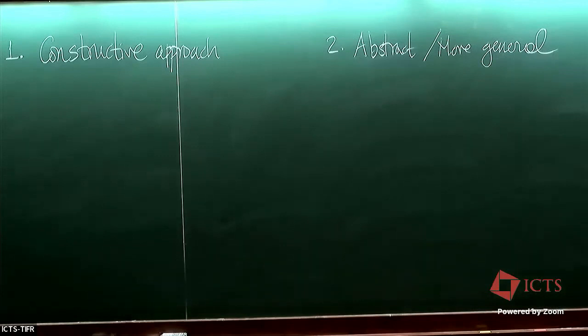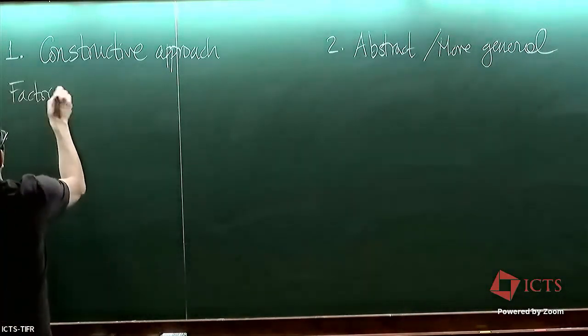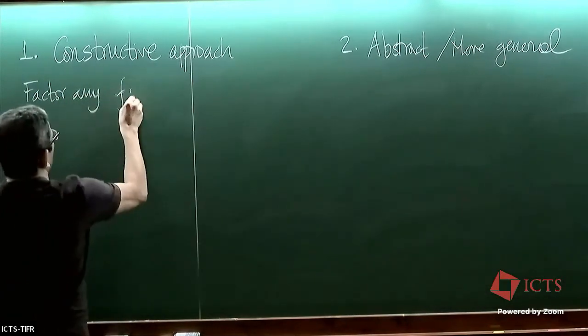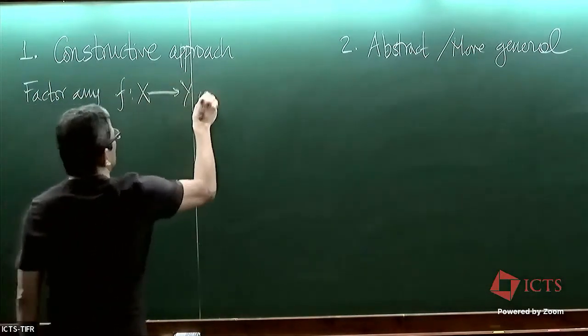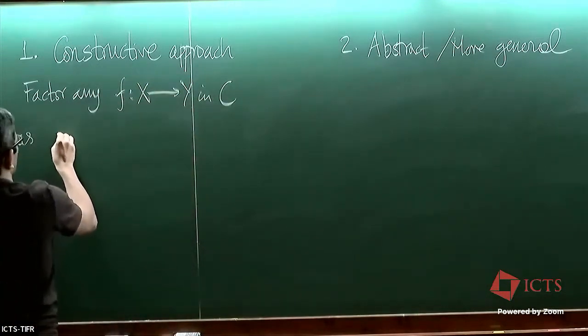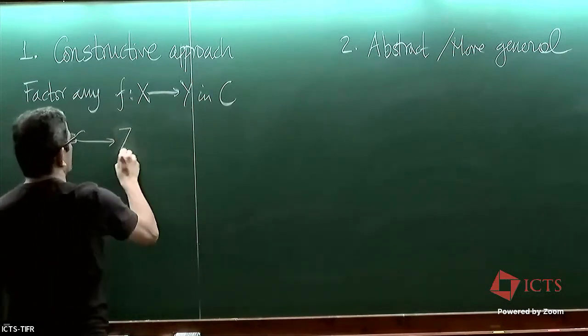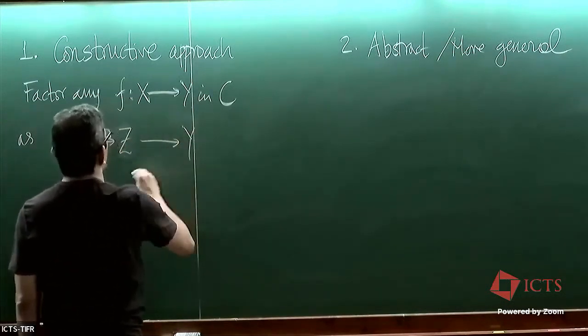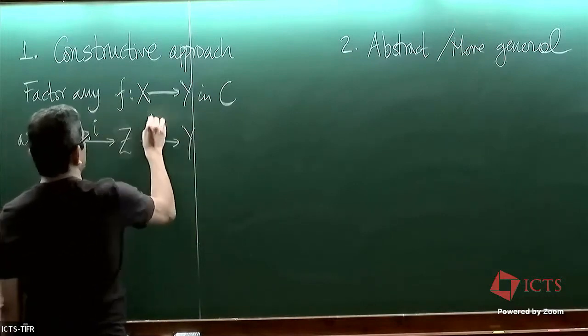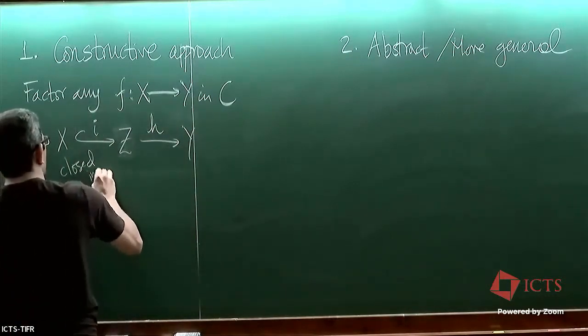Very briefly, the first one: basically you factor any f from X to Y in C as I and H, where we'll call I a closed immersion, and H is smooth.